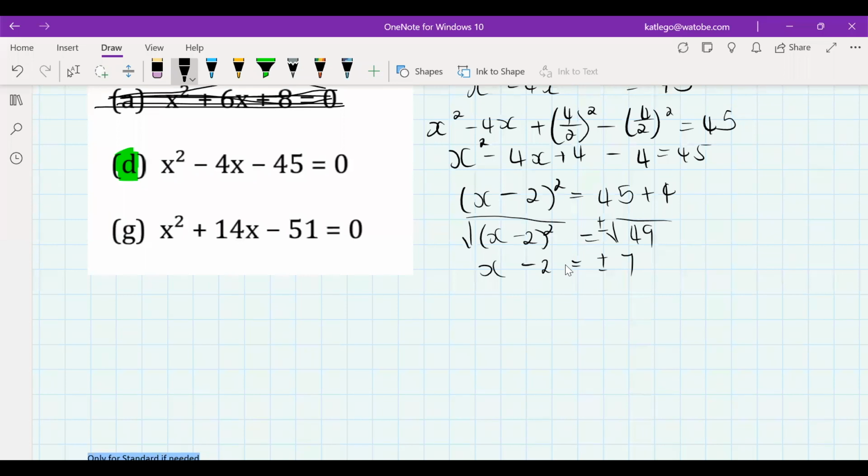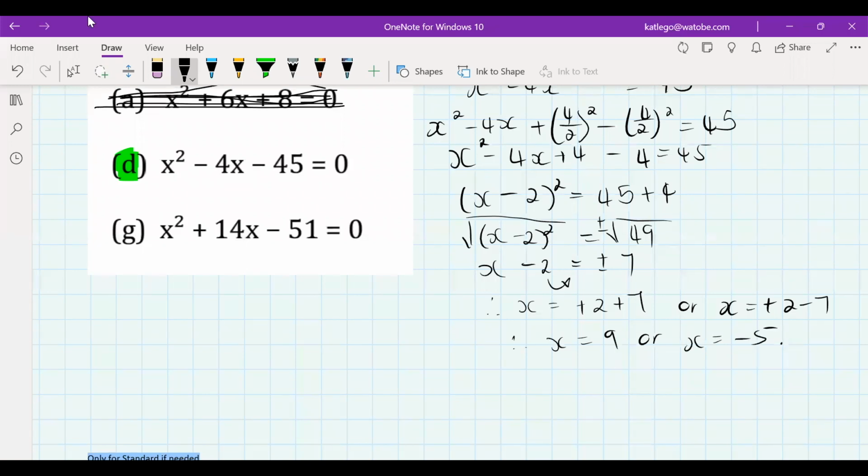Therefore, x is equal to negative 2, which goes over to the other side, so it's positive 2 plus 7, or x is positive 2 minus 7. So x is equal to 9, or x equals negative 5. Whoever said 9 or negative 5, we got it.